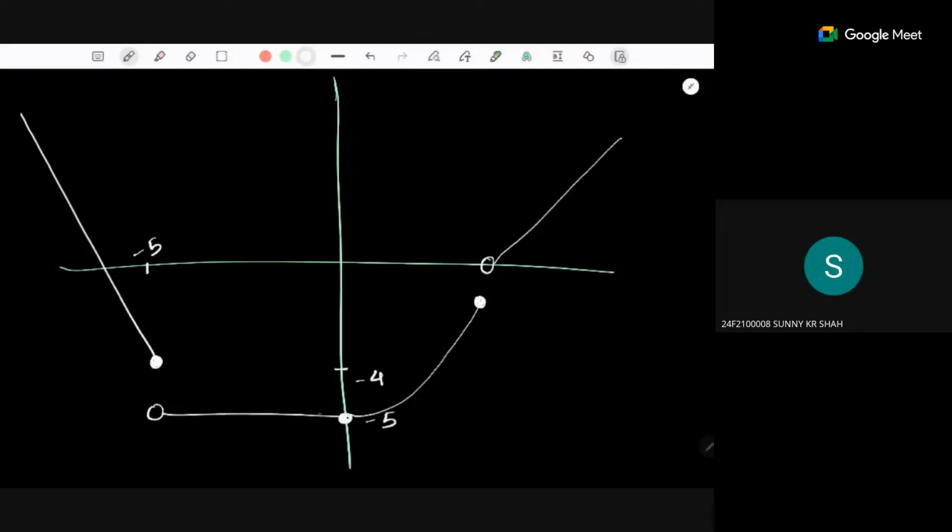This is our function. It is again piecewise. This is x is equals to 2. Now we need to find out several limits.